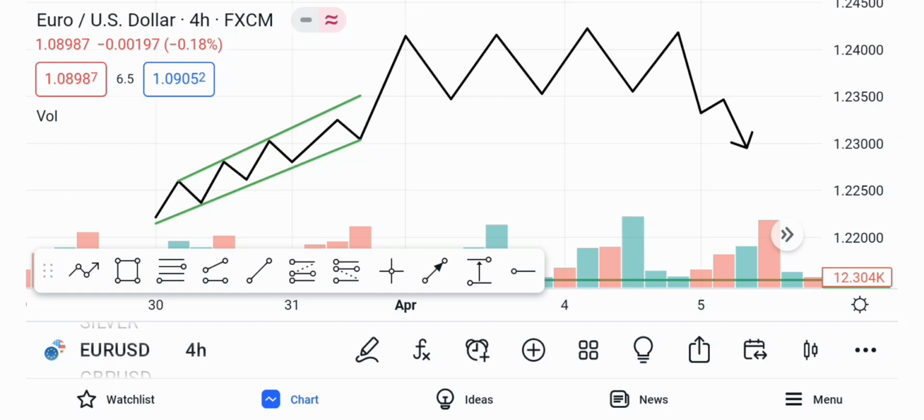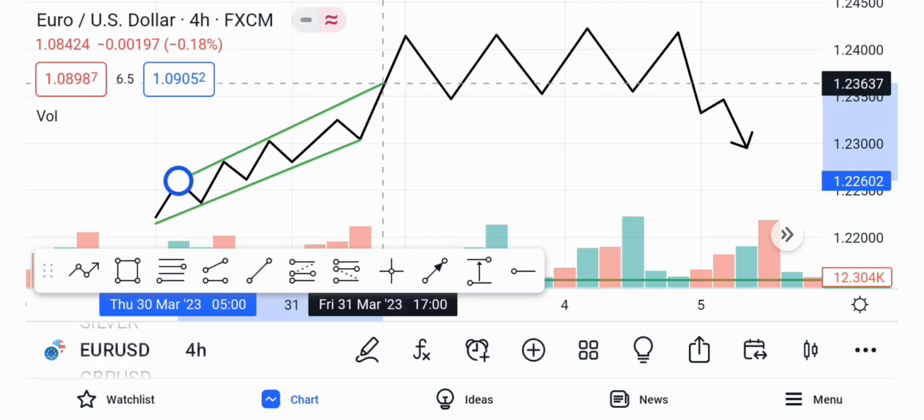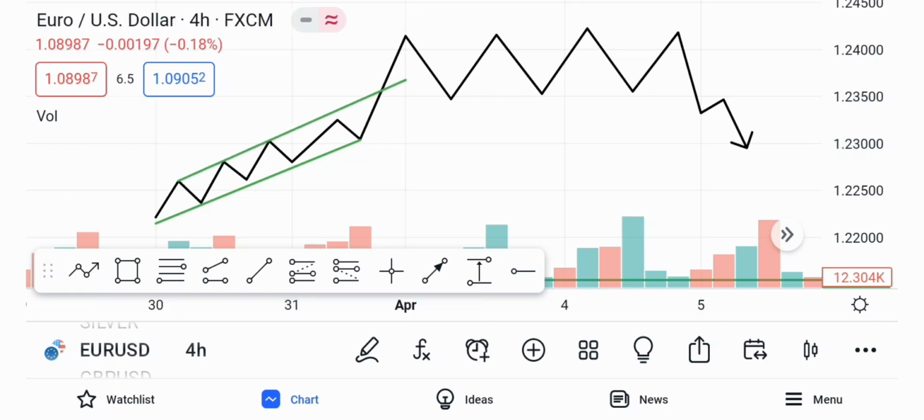So now we've successfully identified our trend. That's our first trend. We can see that the market is trending up. After it trends up, we can see it broke through our resistance line of this trend. So that's an uptrend.